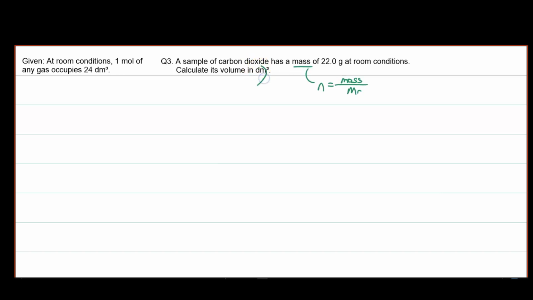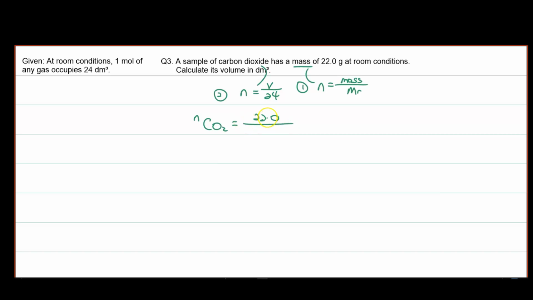Since carbon dioxide is a gas, I'll be thinking of number of moles of gas is equal to volume over 24. Since I'm asked to find its volume, this formula will be used last, and the mass formula will be used first.